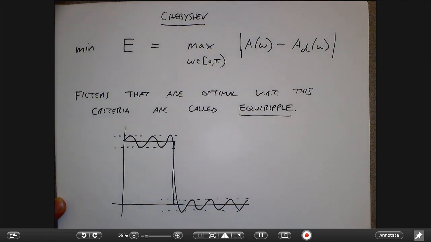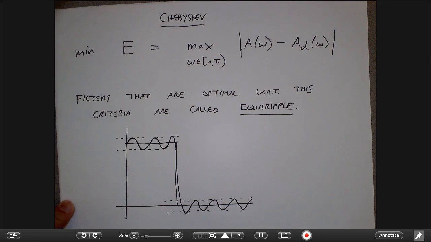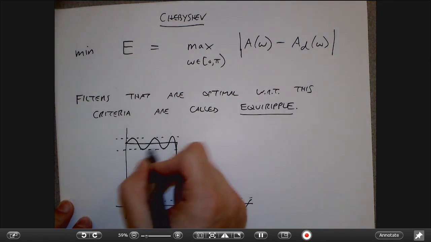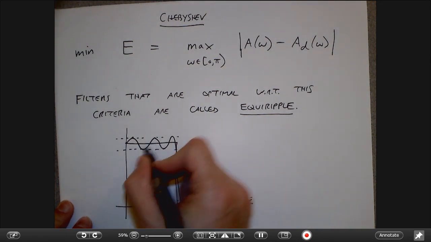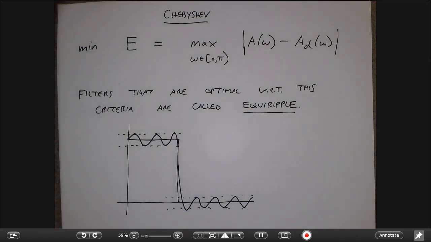It's called Equiripple because the maximum deviation in both the pass band and the stop band never goes outside these dotted lines, and the maxima and the minima exactly hit the dotted lines, right? So unlike some of the filters that we designed last time, there is no extreme difference in where the filter might go in the pass band. I have this nice, steady, equally sized ripple.